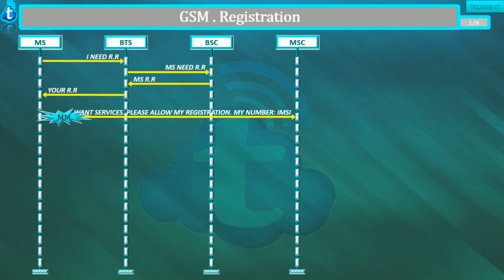But when the mobile station sends a mobility management protocol message to the BTS, BTS forwards it to the BSC. BSC says, "Oh, it is an MM protocol message. I have no business reading this protocol message, because it is always going to be related to services and registrations and so on.